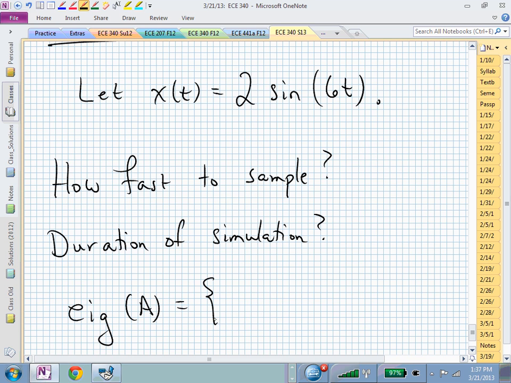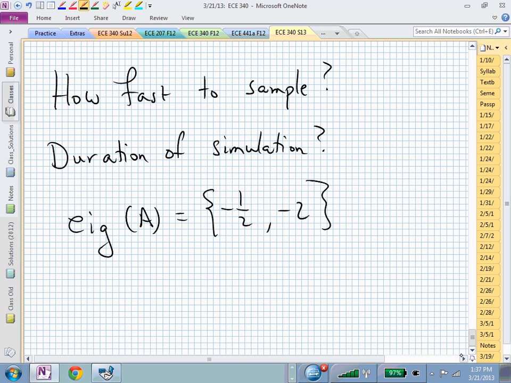And they were -1/2 and -2, which means that if you just walked up and kicked your system, hit it with an impulse, you're going to see that system naturally display the following modes.